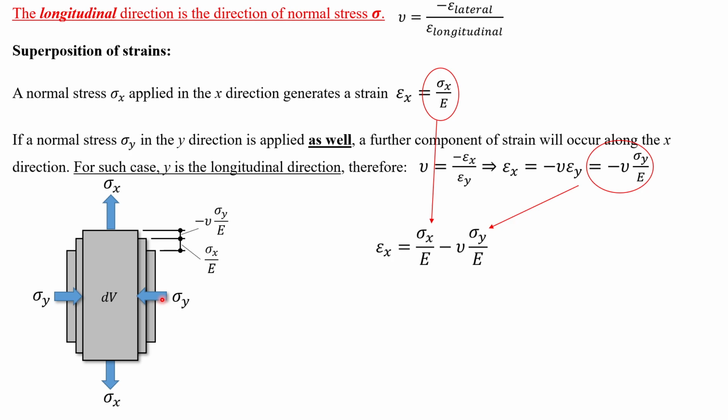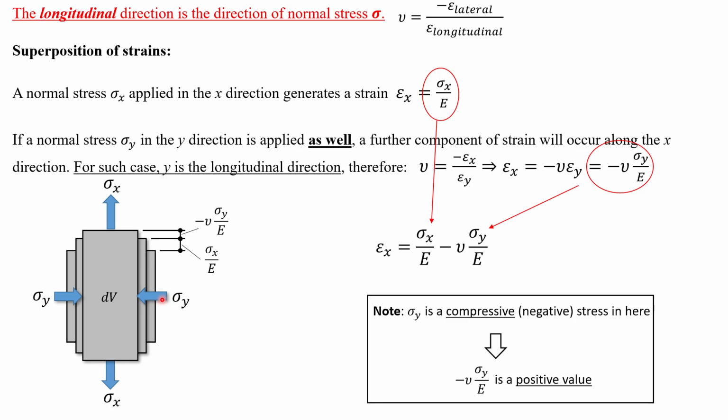Okay, you do it longhand. Just get down the equations, that's what you really need. So therefore, the normal stress Y is a compressive negative stress here. Right, let me get this right.